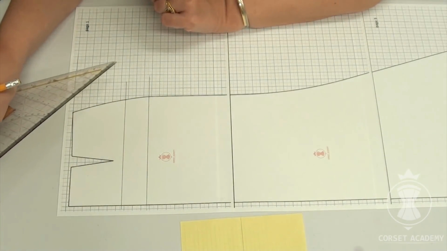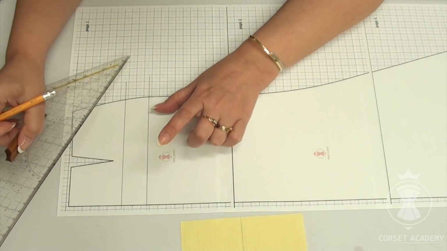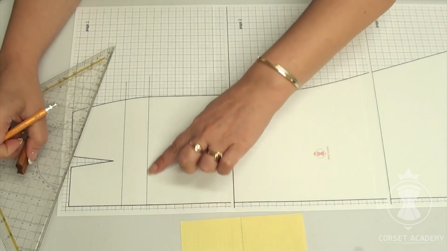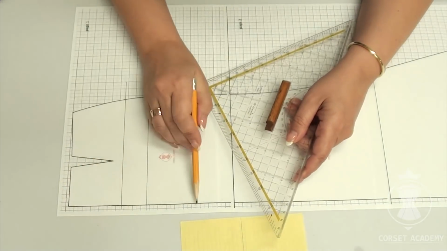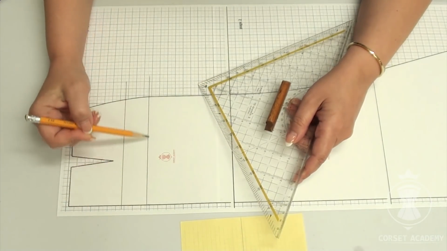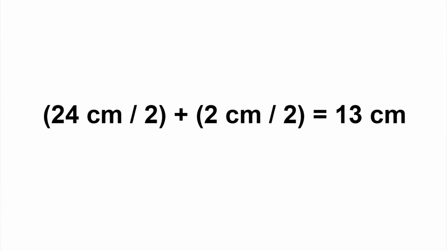I mark 1/4 hip circumference, allowance included, along the hip line starting from the center of the piece and mark half seam allowances along the vertical edges. 24 centimeters divided by 2 plus 2 centimeters divided by 2 equals 13 centimeters.